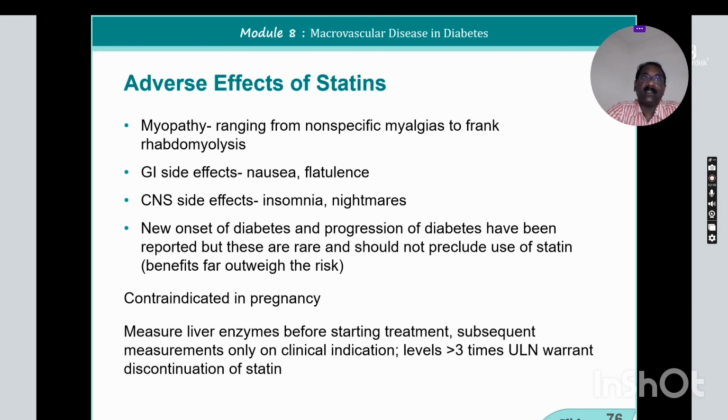So that is the reason we never think of new onset diabetes as a risk factor or as a negative point to use the statins. Yes, the important point is that they are contraindicated in pregnancy. So statins are contraindicated, diuretics are contraindicated, ACE inhibitors or ARBs are contraindicated in pregnancy.